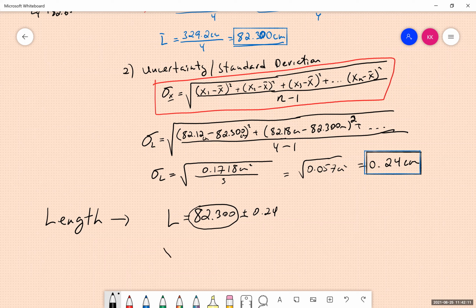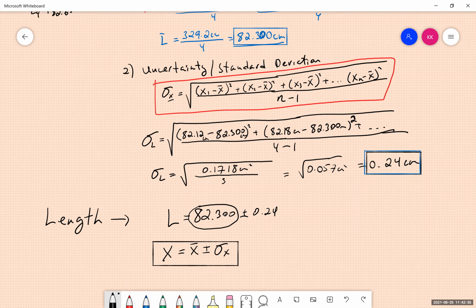So for some measurement X, you present it as the best possible measurement value for that quantity X, which is the average, but then plus or minus the uncertainty of X represents that, as an experiment, you can never have 100% measurement value. There are always uncertainties, always some kind of errors involved, and this represents that.